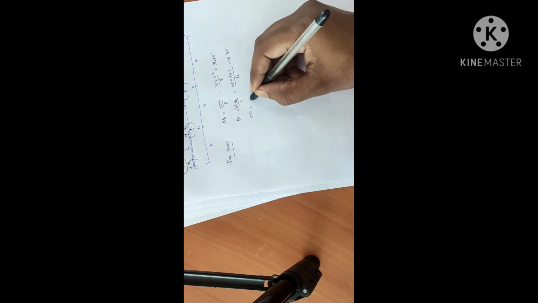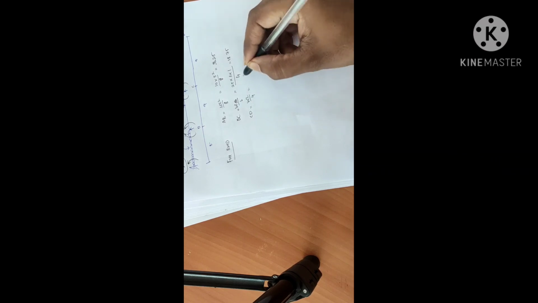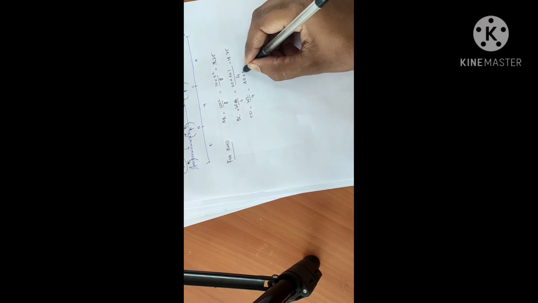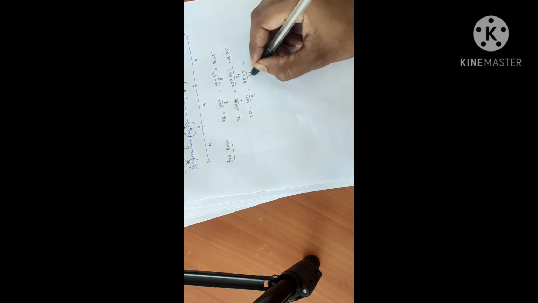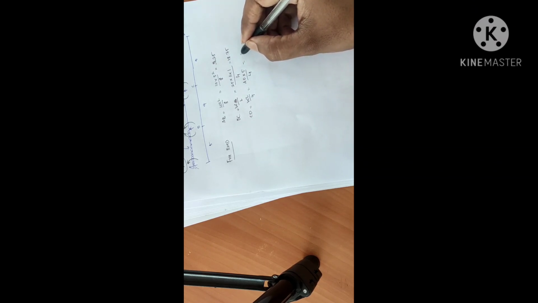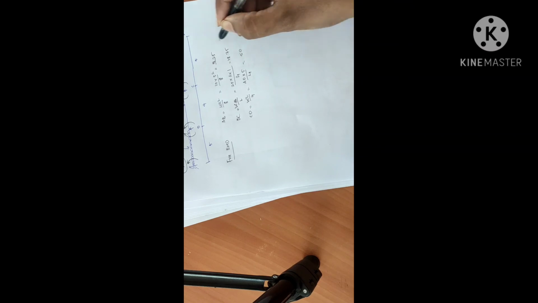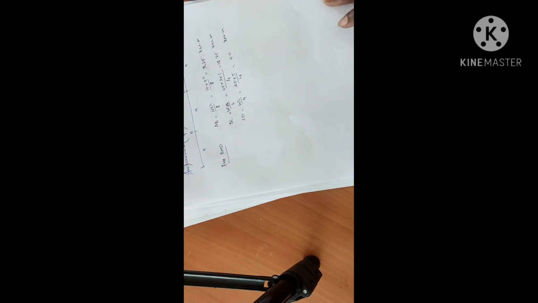What about the CD member? WL by 4, exact point load. So W is 40, length is 5, divided by 4. 4 ones are 4, 4 tens are 40, that is 50 kilonewton meter. Don't forget the unit, kilonewton meter, because in VTU you will have to write the units. Okay, this is the free BMD.